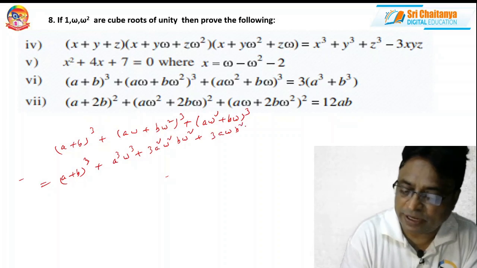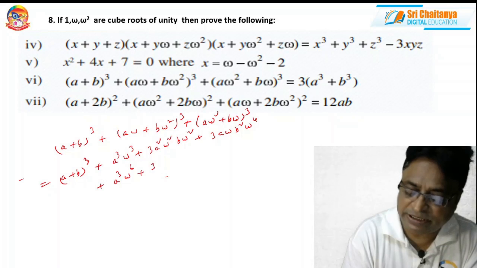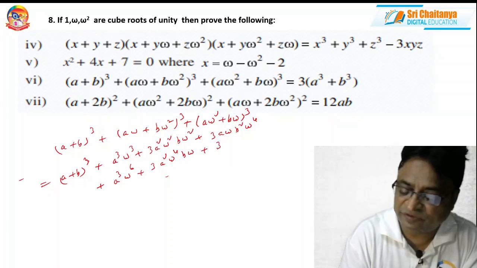that is b square omega power 4, plus similarly a cube, that is a cube omega power 6, plus 3a square b plus 3ab square, 3a omega square b omega plus b cube omega cube.